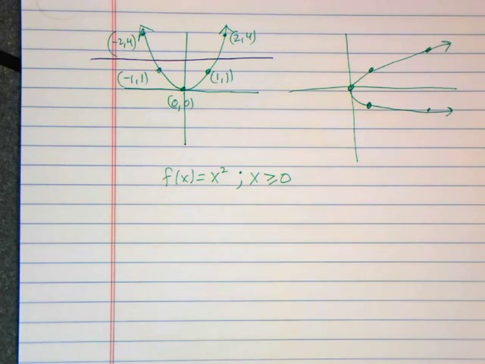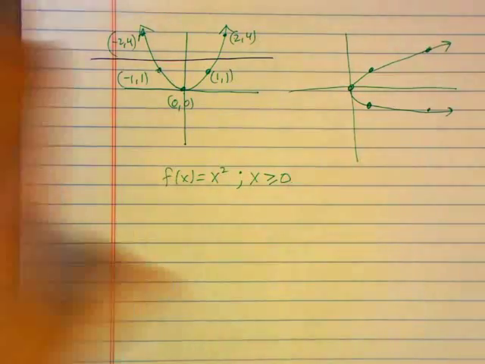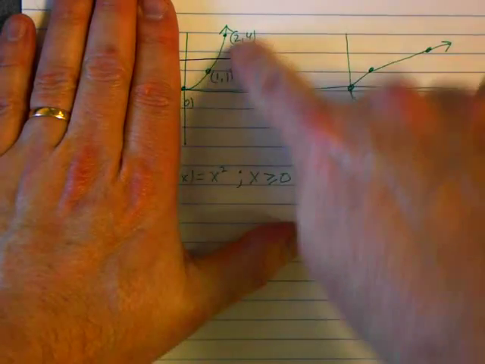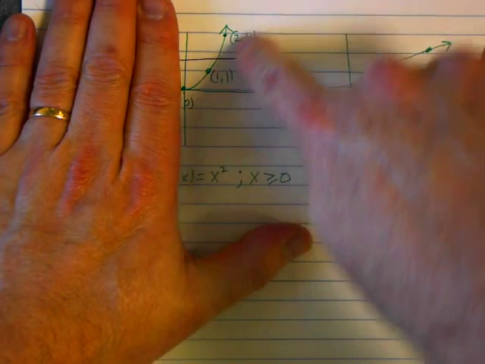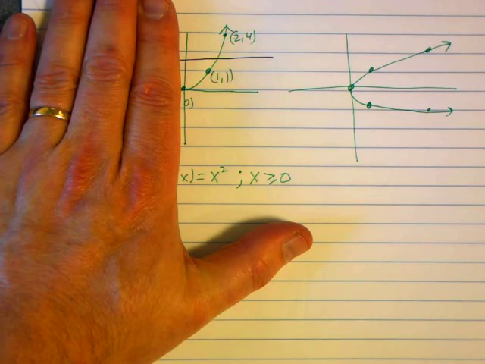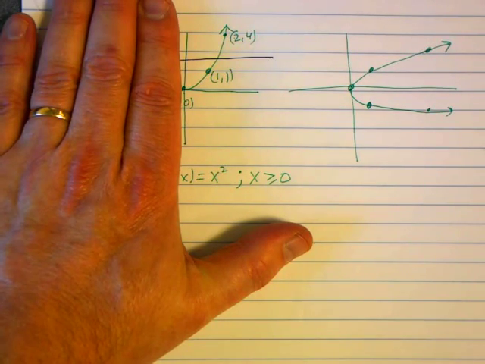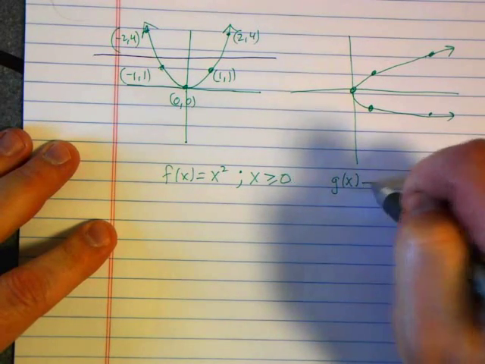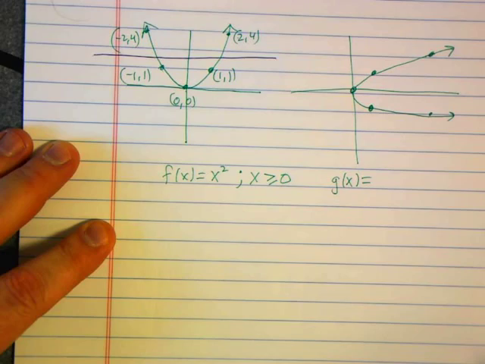If I only use the positive numbers and 0, then I'm only picking the right-hand side of this parabola. If I only pick the right-hand side of that parabola, does it now pass the horizontal line test? Yes. So will it have an inverse? Yes. Its inverse is square root of x. Yeah, now you're all gun shy about saying square root of x, aren't you? It is square root of x.